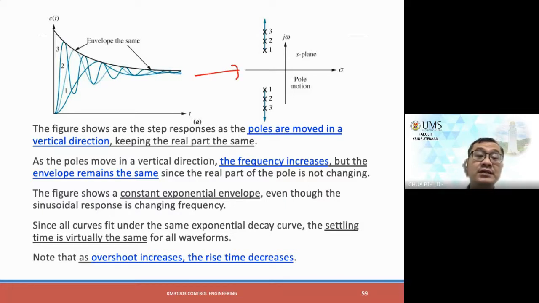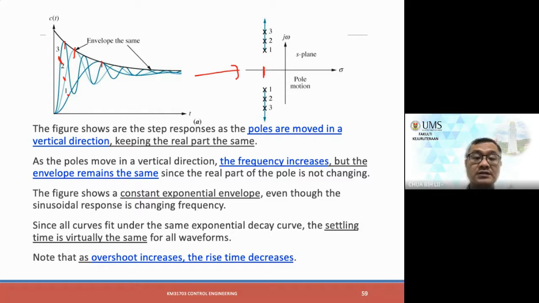So here, say we have three roots with the same real value, but the imaginary values keep increasing. It will start from this line, change to this line, and to this line. So what happened is that the peak time, this time and this time, all change.